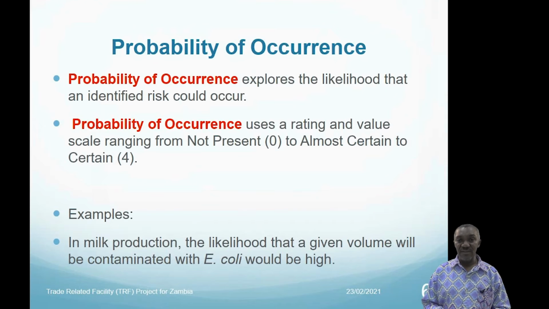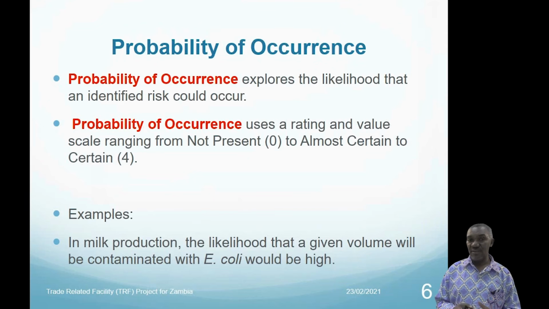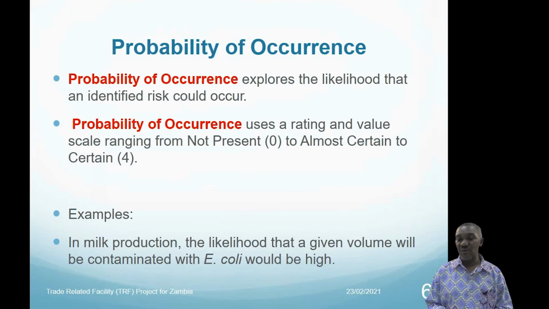So probability of occurrence explores the likelihood that an identified risk will occur. In other words, I think the better word to use is hazard: the likelihood that an identified hazard will occur. For instance, say we are talking about the risk that a person will be exposed to, let's say, pesticide in milk.